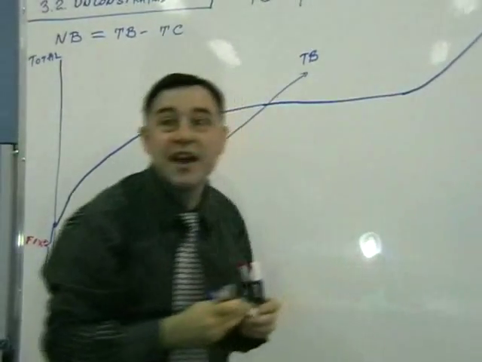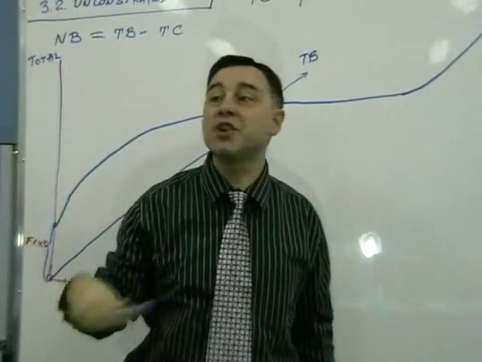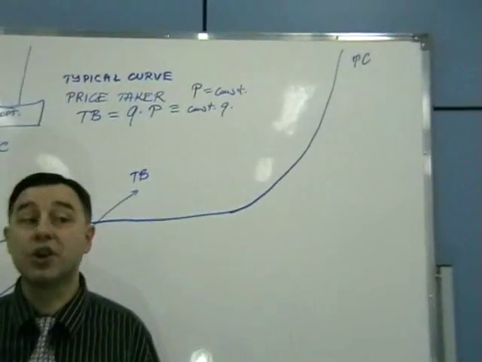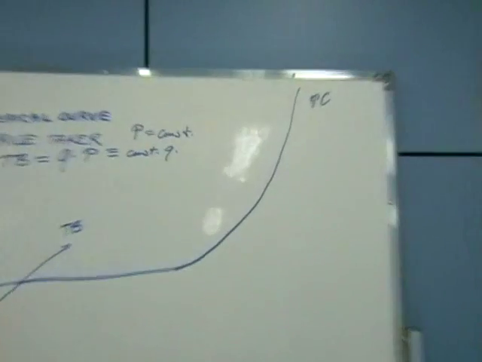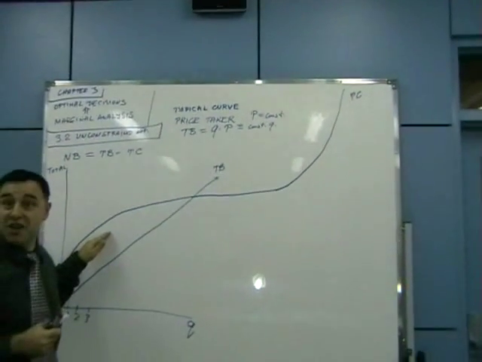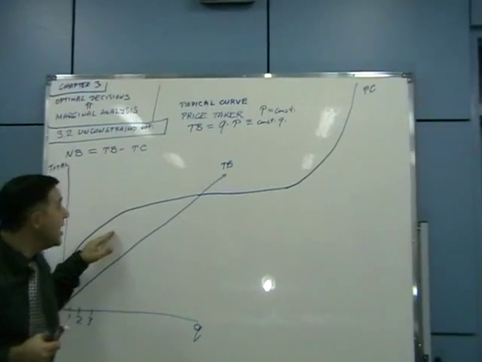So this is total cost. And now I'm drawing total cost as what is known as an S-curve. In other words, very early on, the costs are steep, meaning the marginal cost is high.